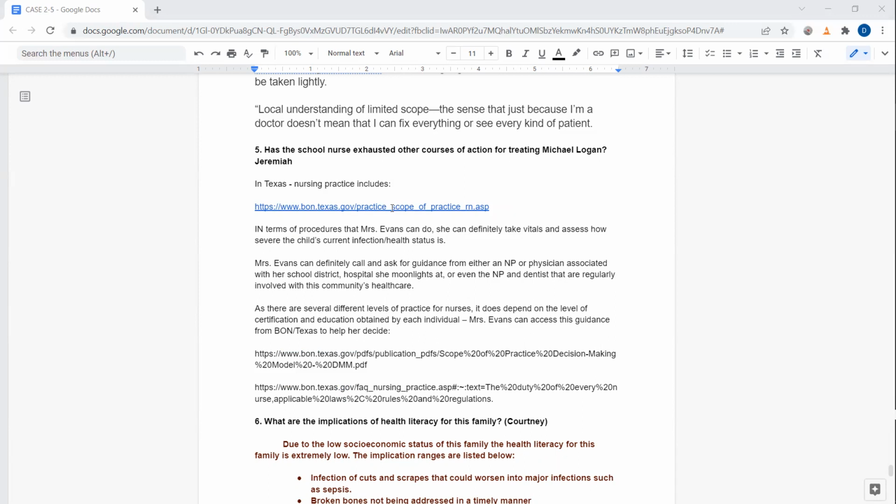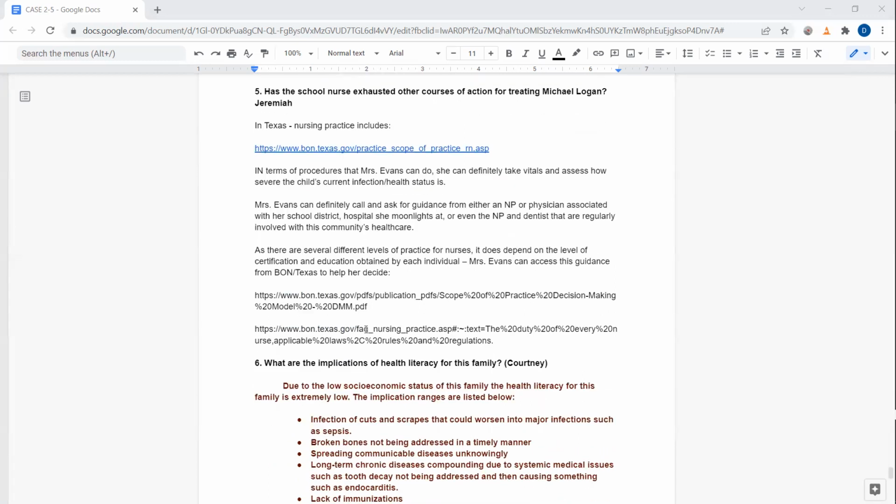And then in terms of other things she can do, I think the case mentions that she moonlights at a hospital, so I know she definitely has other physician or nurse practitioner colleagues. She could even call one of the NPs or dentists that regularly comes to this community to potentially set up some sort of telehealth visit or HIPAA compliant setting where they can prescribe medications or provide some sort of healthcare guidance.